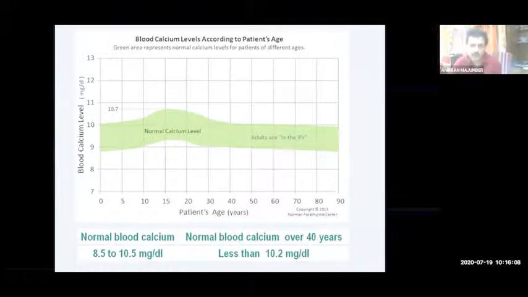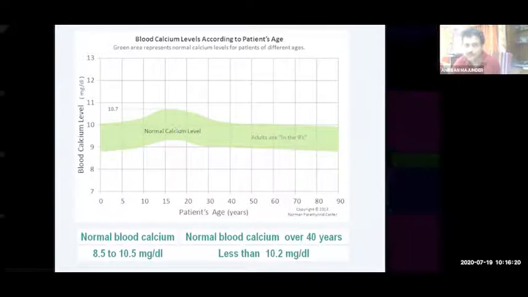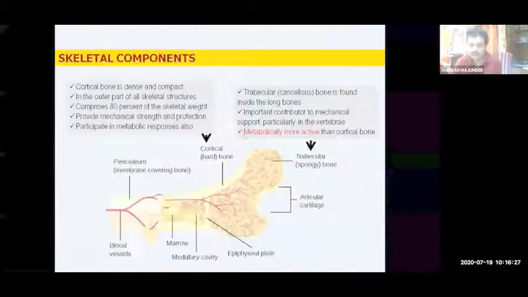So be very careful about the calcium level. The laboratory reference range of 10.5 is absolutely right if this value is in the age range of 10 to 20 or 30, but this 10.5 is absolutely out of range if your age is more than 40.